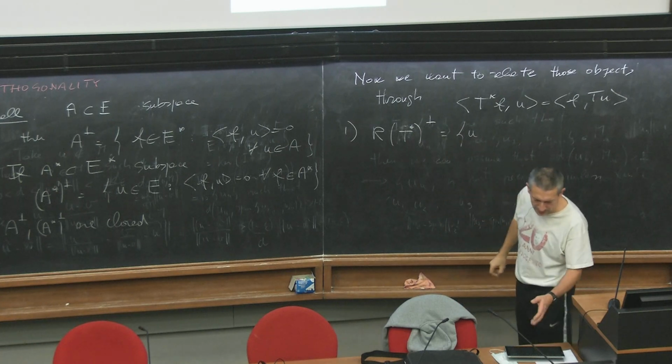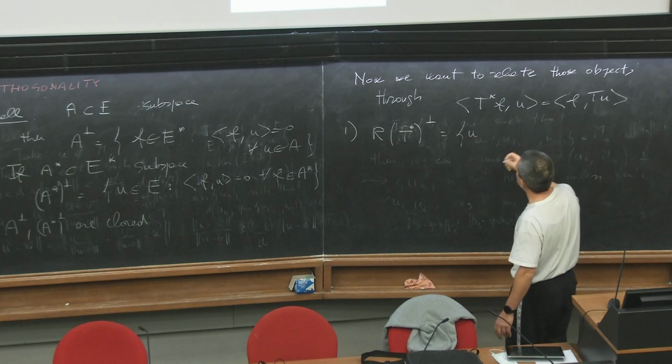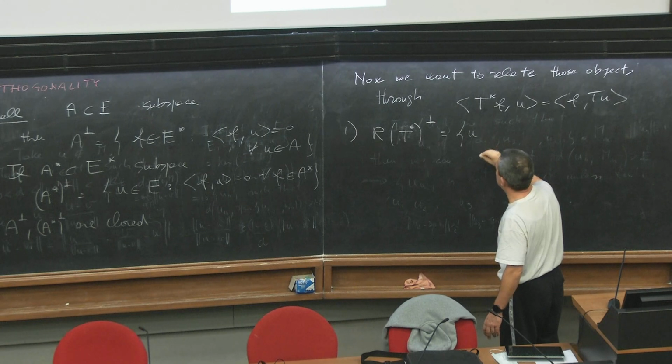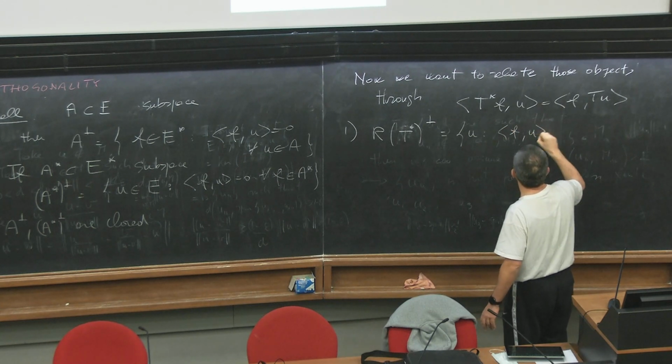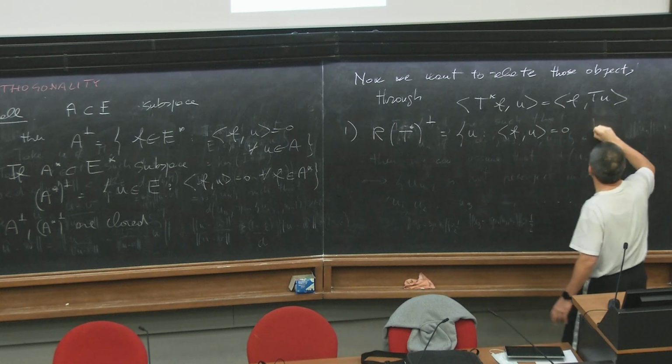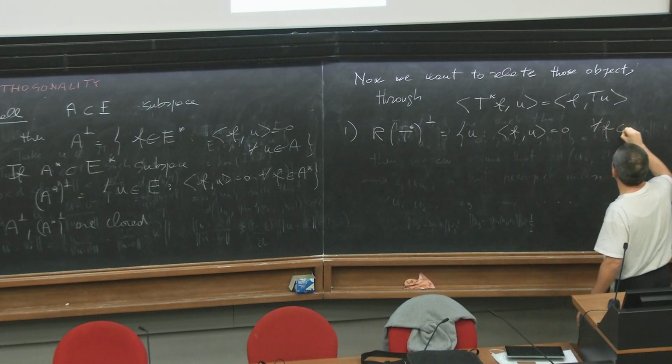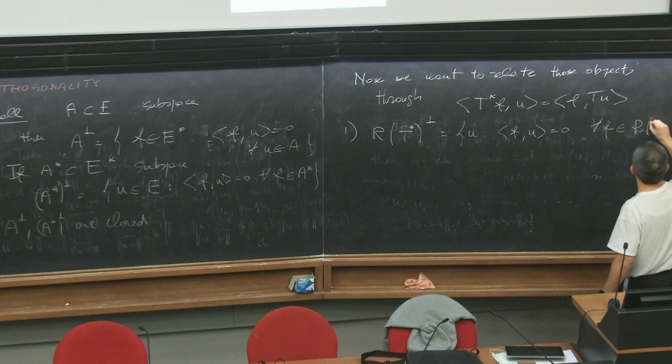Sorry, I don't know why I called it this way. So by definition, these are all the U such that F U is equal to 0 for all F belonging to the range of T star.